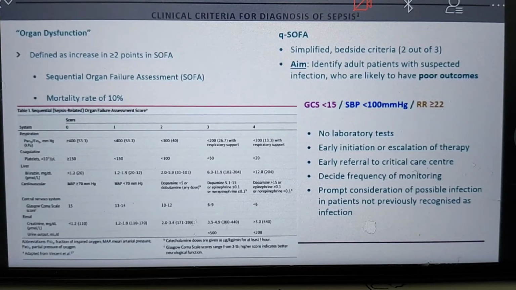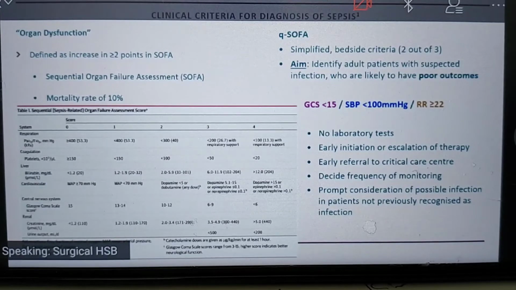Score 3 is when we need to use dopamine 5 to 15 or epinephrine 0.1 or less, or norepinephrine 0.1 or less. Score 4 is when we need to use dopamine more than 15 or epinephrine more than 0.1 or norepinephrine more than 0.1 to support the MAP.